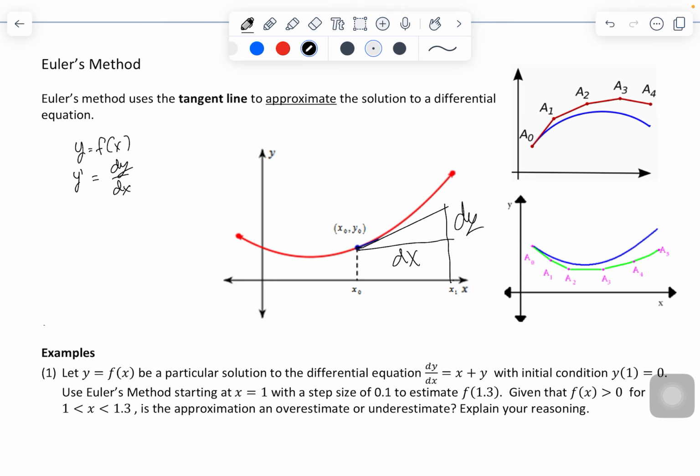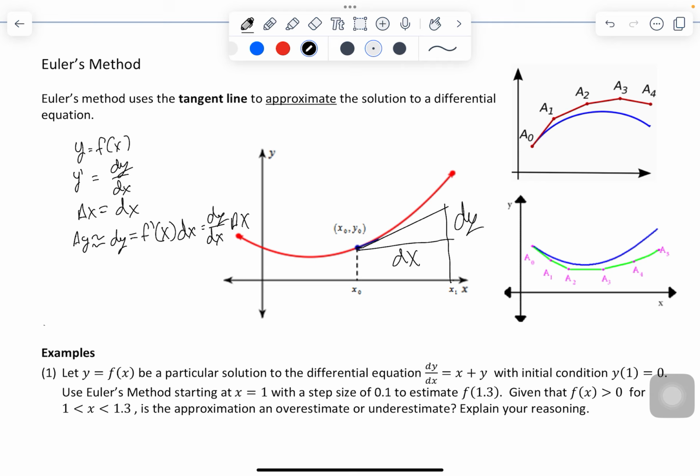Okay, so for any equation, no matter what, delta x is equal to dx. The change in x never changes. Only the y value gets approximated. So what we can say is the change in y is approximately dy, because it's not exactly like delta x, which is equal to f prime of x times dx, which is basically equal to dy over dx times delta x.